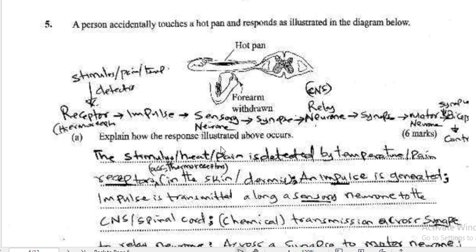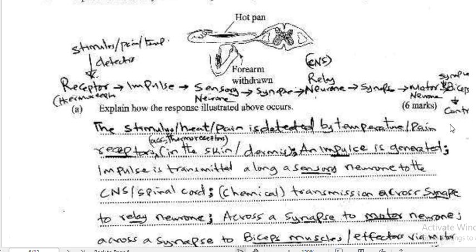6 marks. The stimulus, which is the heat or pain, is detected by temperature or pain receptors. Receptors must be there. We can also use the thermoreceptors in the skin. An impulse is then generated. The impulse is transmitted along a sensory neuron to the spinal cord or the central nervous system.